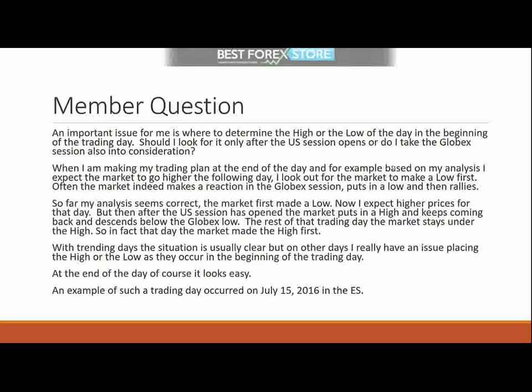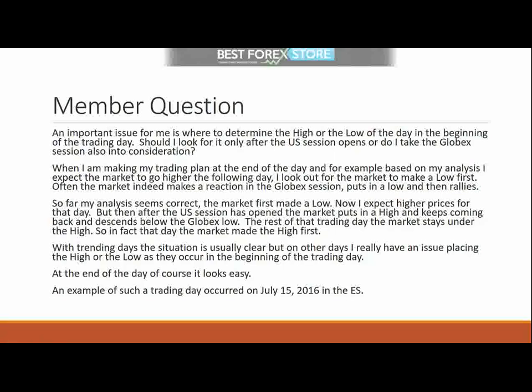An example of such a trading day occurred on July 15th, 2016 in the ES, and I think this person was saying that he was looking for the low to be made first and for the market to go up that day. I must have cut his comments a little short there.